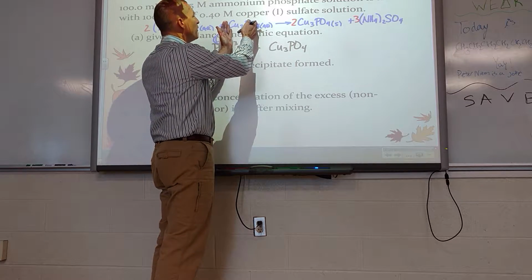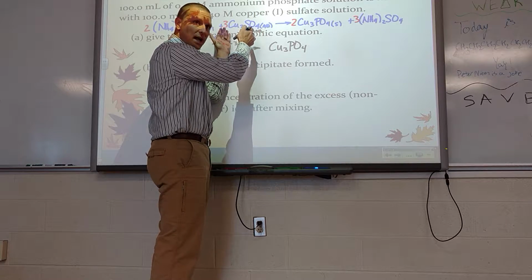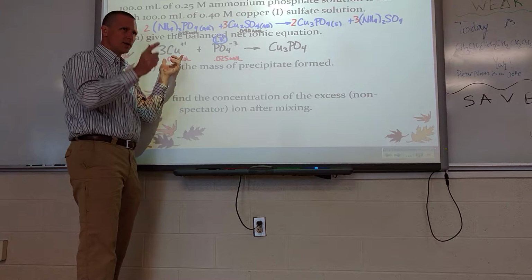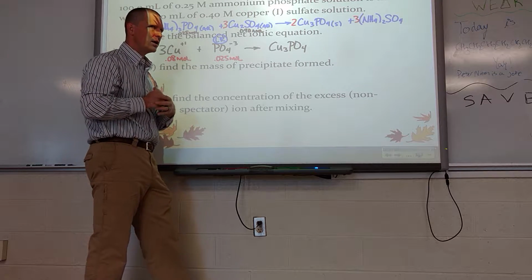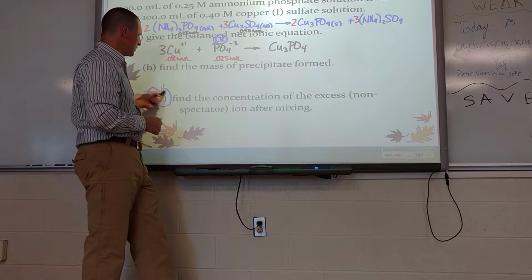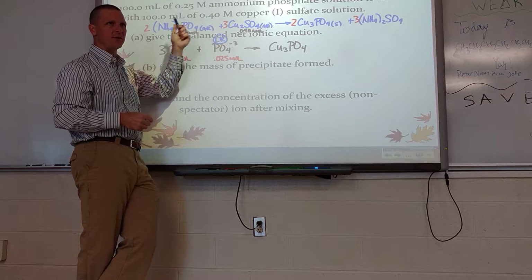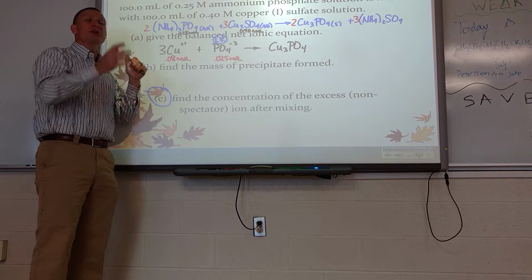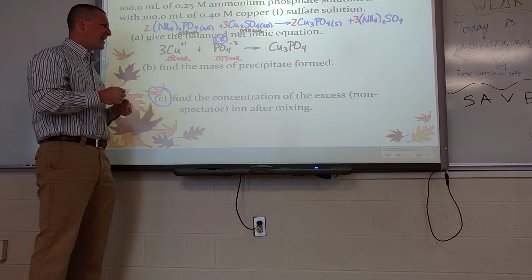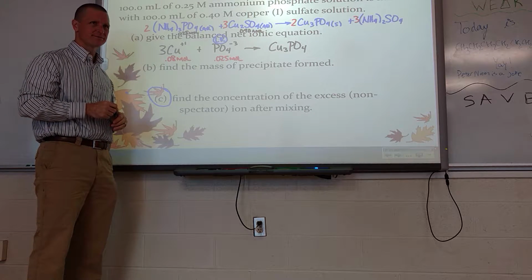So if I have 0.04 moles of this thing dissolved, I get 0.04 times 2 copper. That's where I got the 0.08. I think it's way easier to do this from the net ionic than to go from the full molecular. So you can do it either way. That excess ion, I think it's easier to see it from the net ionic.